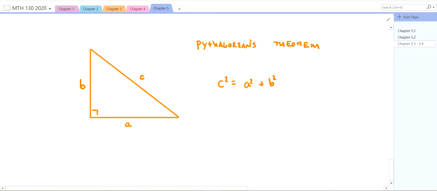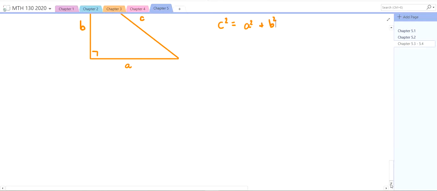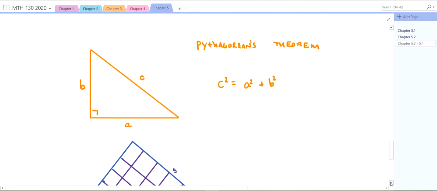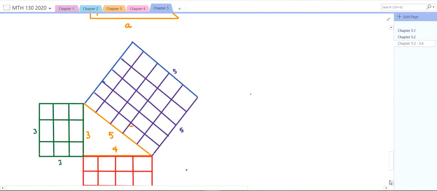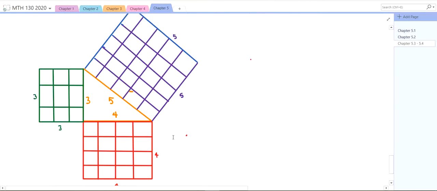Remember when we were talking about irrational numbers and I showed you this idea. So I could demonstrate why this is, or one way of looking at it at least, and this is what the Greeks did.